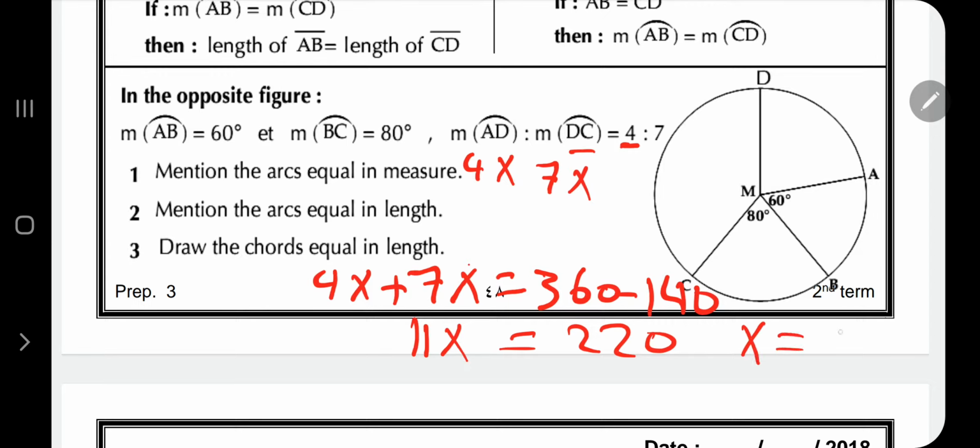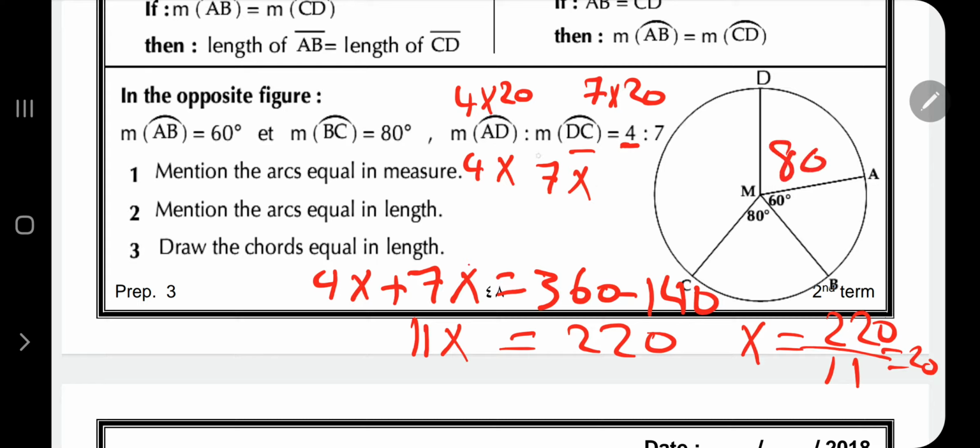So x will be 220 divided by 11, equals 20. The first one is 4 multiplying 20, the next one is 7 multiplying 20. 4 multiplying 20 will be 80, and 7 multiplying 20 is 140. After that, I will answer numbers 1, 2, and 3.